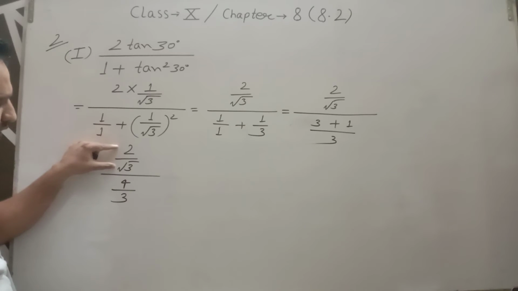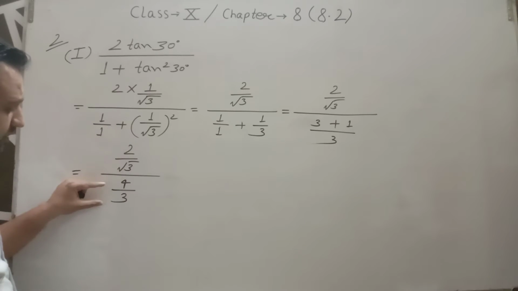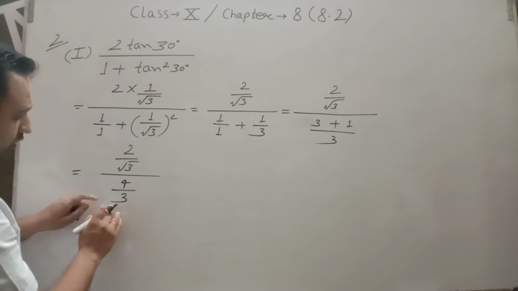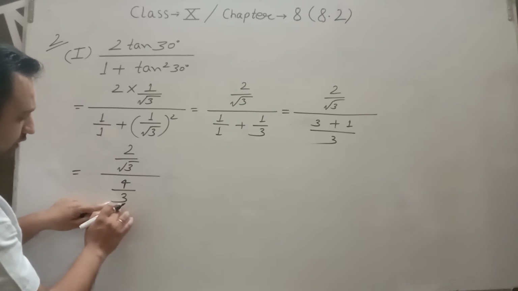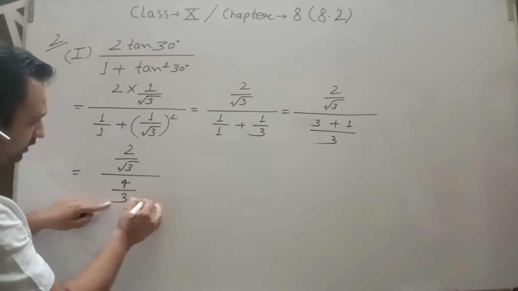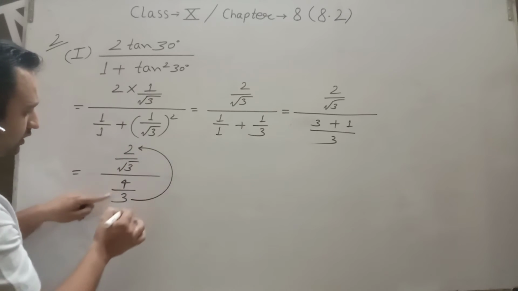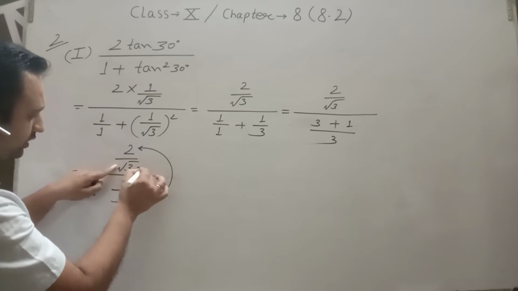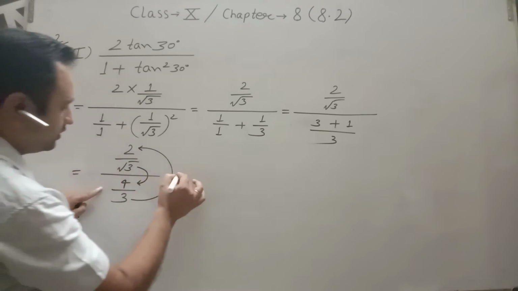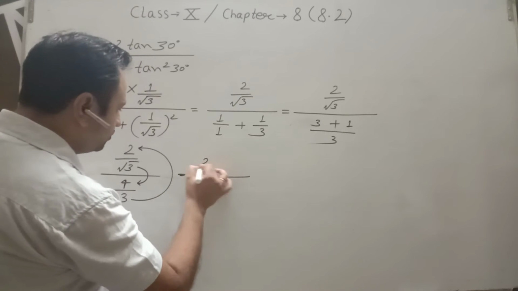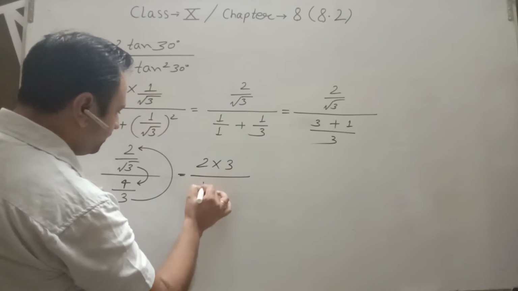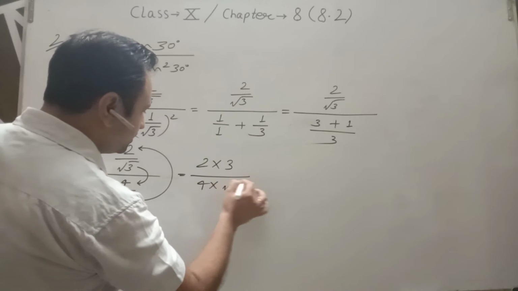There are two fractions, first fraction in the numerator and second fraction in the denominator. So the denominator of this fraction multiplies by the numerator of this fraction, and the denominator of this fraction multiplies by the numerator of this fraction. So we note down 2 multiply 3 upon 4 multiply under root 3.